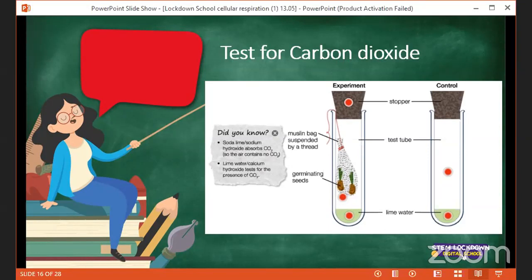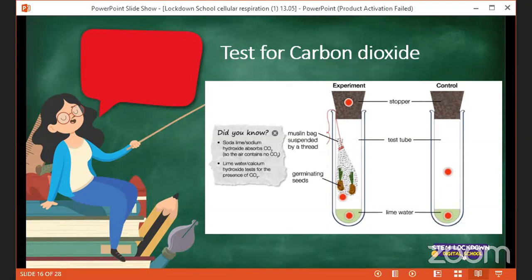And those holes are so that the carbon dioxide that is produced by the germinating seeds can be released into the space of the test tube. So now what should happen in this experiment is that the germinating seeds should undergo cellular respiration. Okay, and therefore, if the germinating seeds undergo cellular respiration, that means carbon dioxide will be released. And if carbon dioxide is indeed released, then the lime water will turn milky.